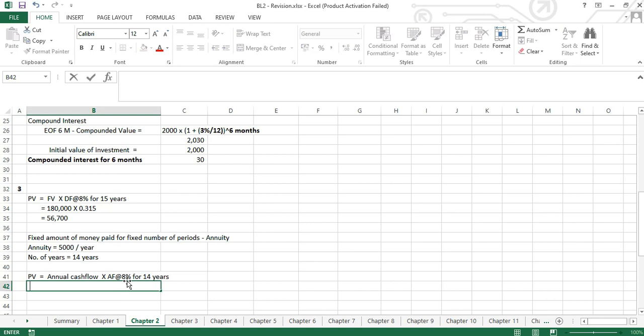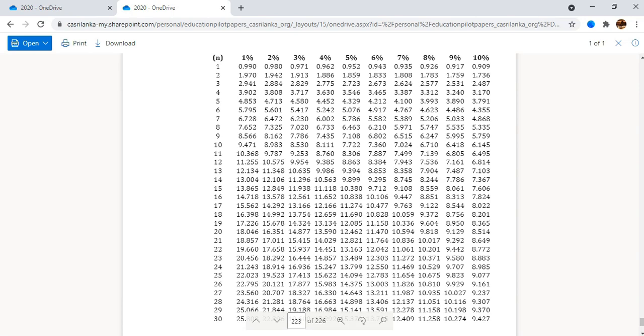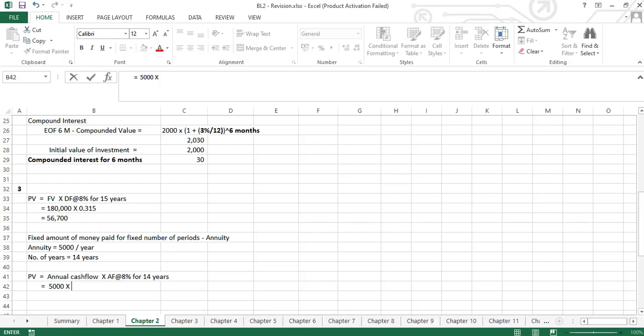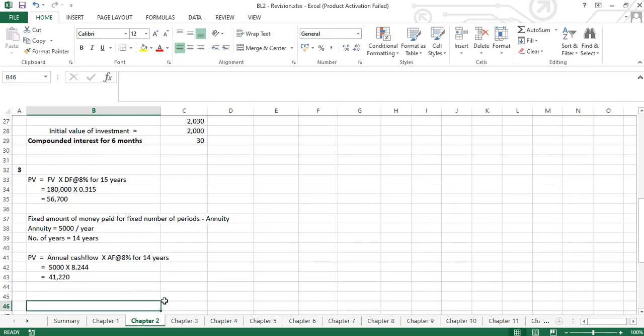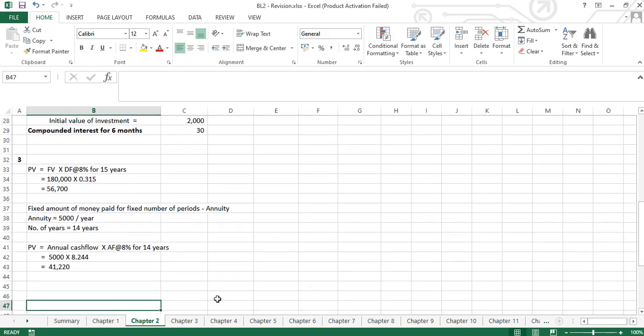So the annual cash flow, that means the yearly cash flow, 5,000, multiplied by the annuity factor 8.244. So your answer will be 41,220. Okay, so that's the answer.